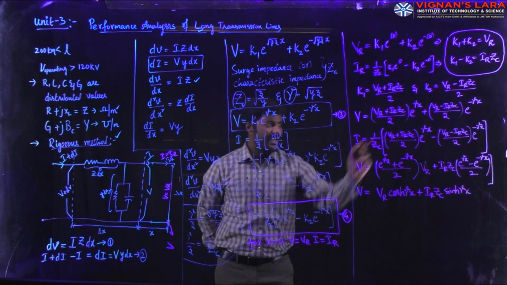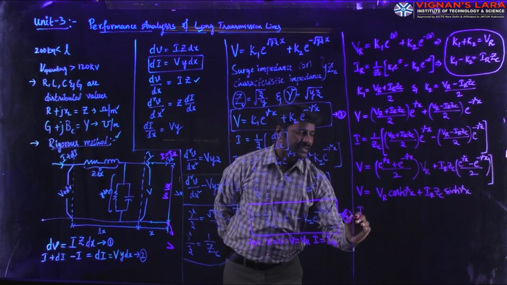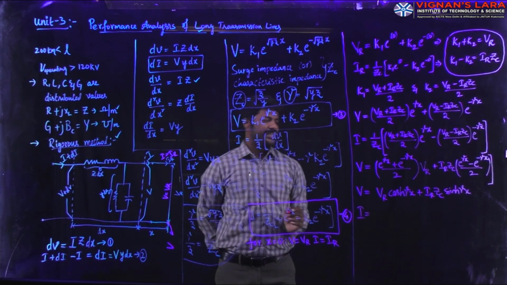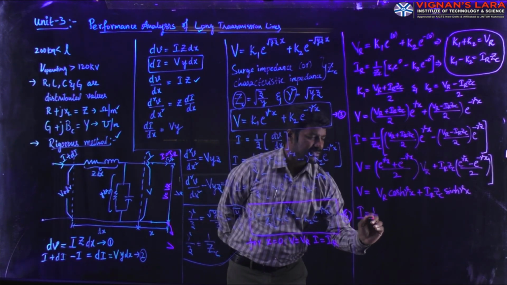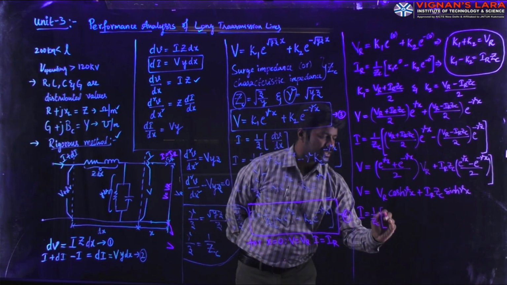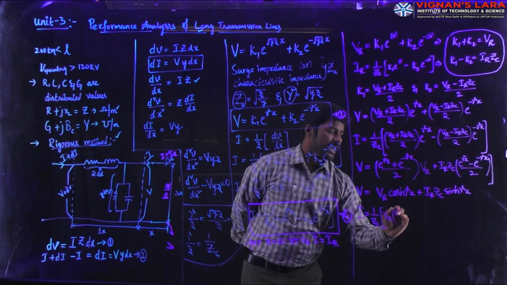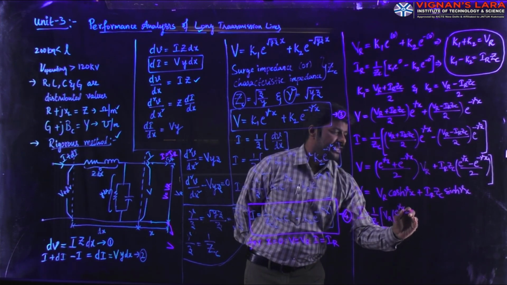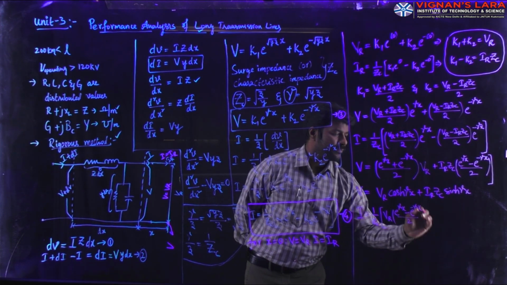In the same lines, I want to get the current I also. So rearranging the terms of I with the coefficients VR and IR, I get 1 by ZC of VR as a coefficient, times (e power gamma x minus e power minus gamma x) by 2.